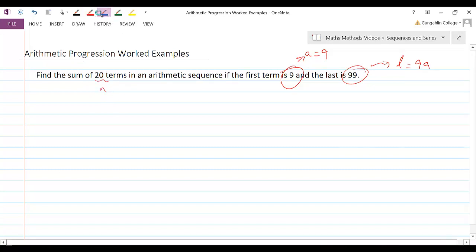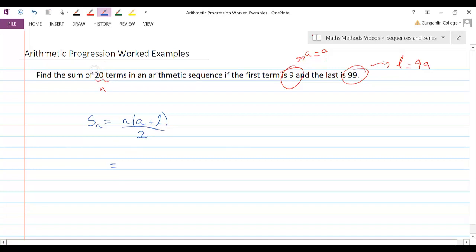So with a question like this, all we have to do is use the sum to n terms formula. And the base formula of this was the sum to n terms is equal to n times (a plus l) divided by 2. And so for this problem, it's just a matter of simply substituting in.